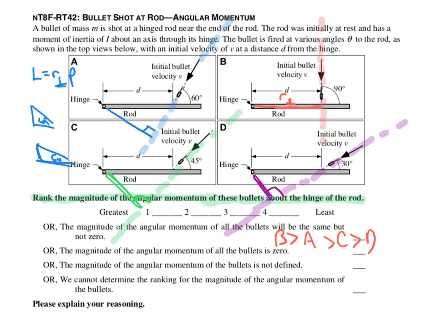For case B, it's the hypotenuse, so we said that has to be longest. For case C, that's the 45-degree angle, and we know that for the same hypotenuse, we'll get a longer side. And then for case D, we'll have a 30-degree triangle, so we know that the far side is smallest on a 30-degree triangle. So we're in, as we said, the case B greater than A, greater than C, greater than D.